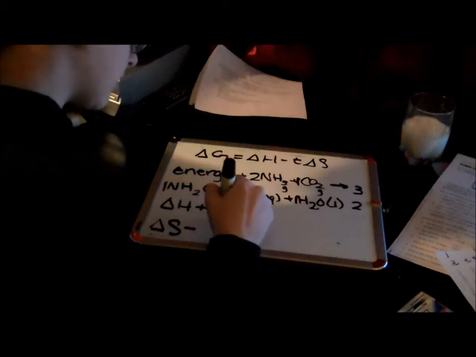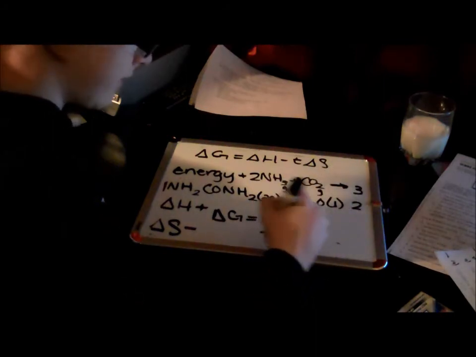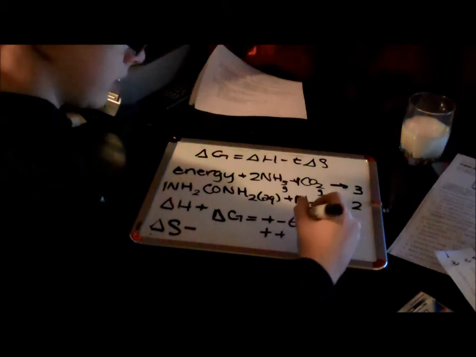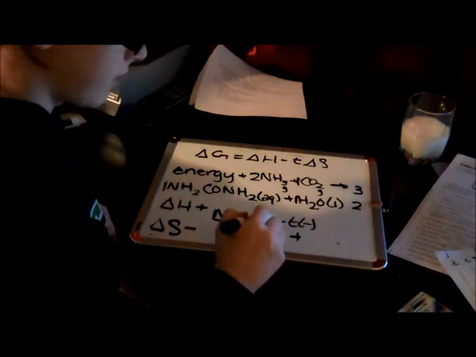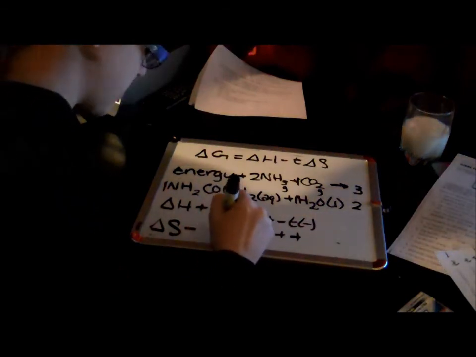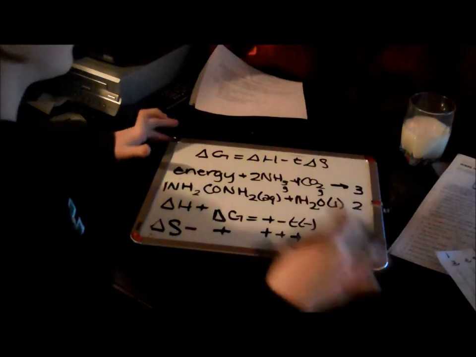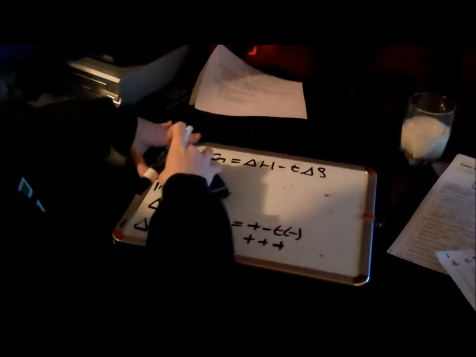So looking at delta G equals a positive minus T times a negative, well, that's the same as a positive plus a positive, because 2 negatives make a positive. So delta G is always going to be positive in this scenario, which means it's never going to be spontaneous. Let's try one more.